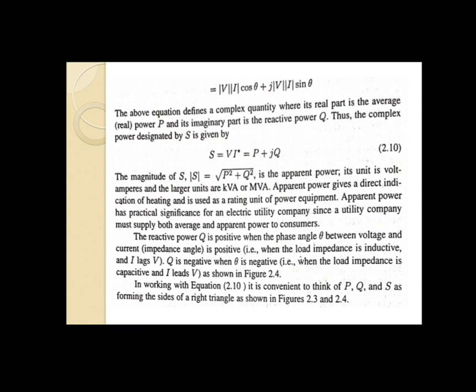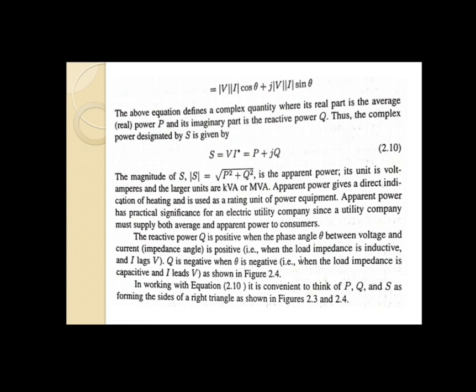Now try to find the magnitude of the apparent power. So we can say the magnitude of S is equal to the square root of P square plus Q square, based on the Pythagoras theorem, and the unit is volt ampere, VA. For a larger unit of apparent power, we have kVA or MVA.